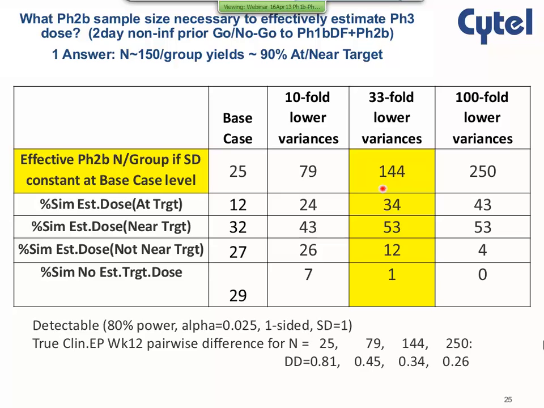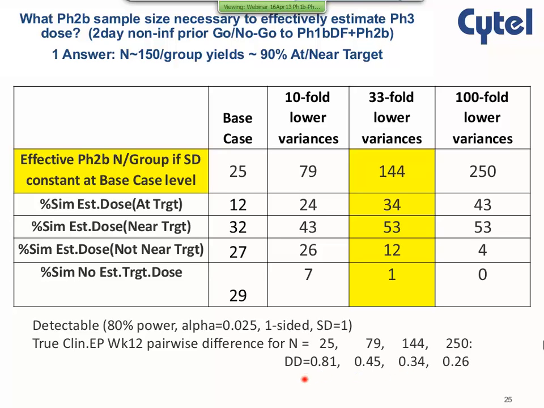But with the lower variances to yield increased effective phase 2B sample size, we find that you get high probability of getting the dose right with about 150, a little less than 150 patients per dose in the phase 2B. And that's more than you need to discriminate drug from placebo in phase 2B.